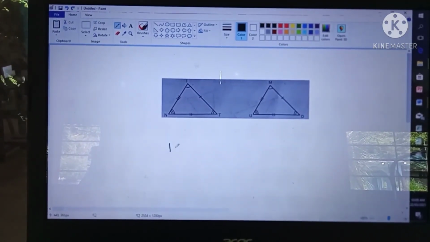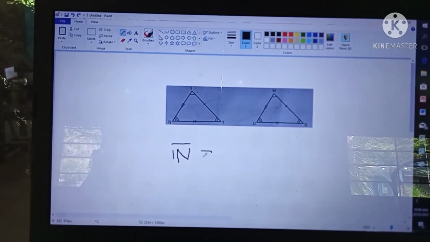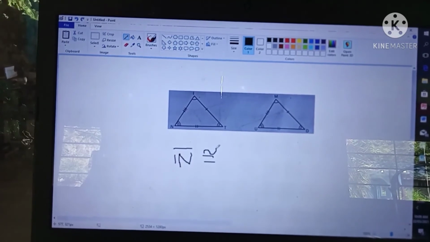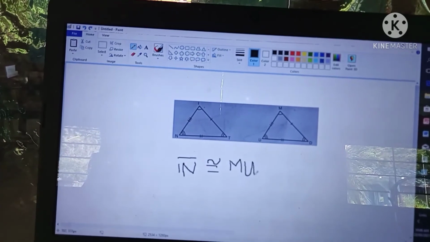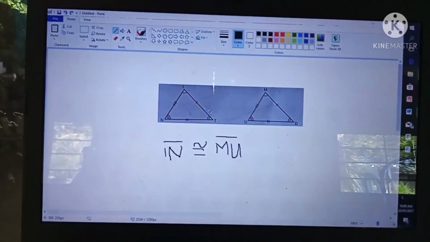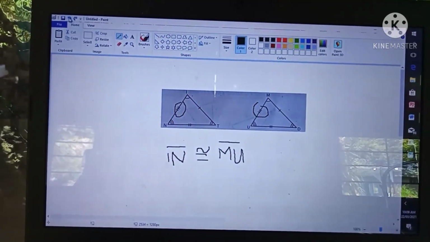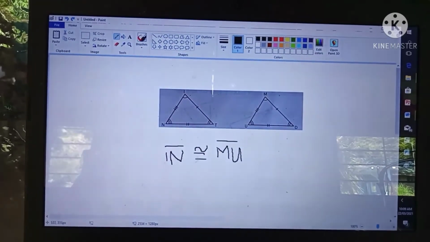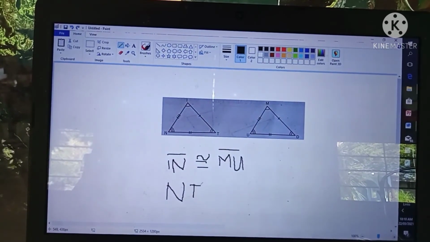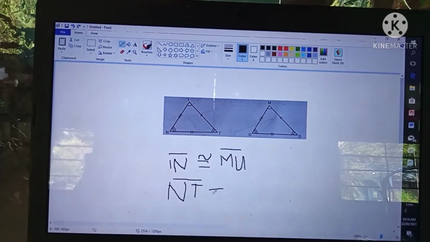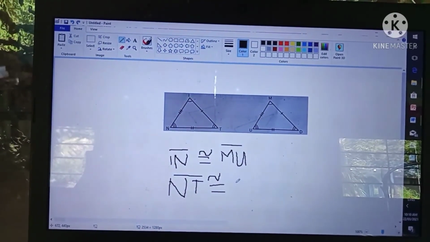Okay, side IN is congruent to side MU. Okay, that is because of this marking, we know that they are congruent. Okay, next is side NT. So that's how we name congruent sides and angles.